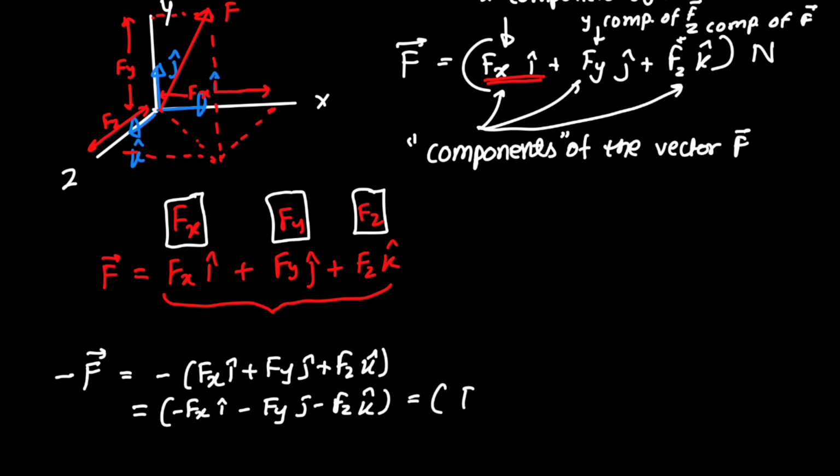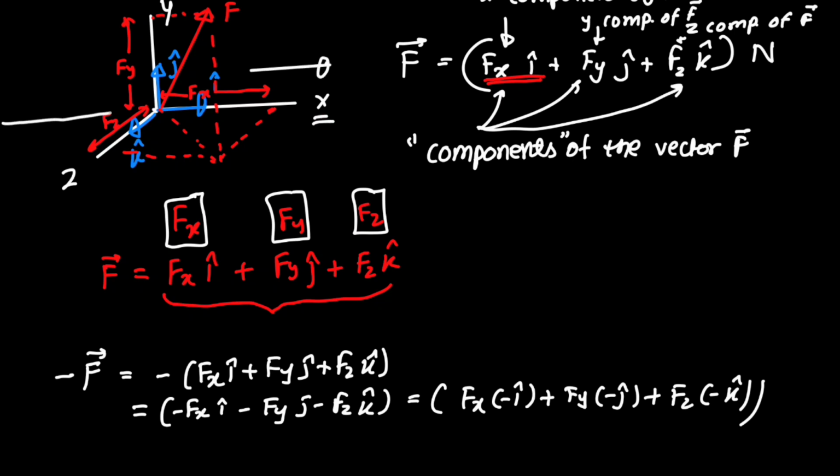Therefore, you have to write this as fx (minus i cap), fy (minus j cap), and fz (minus k cap). So if this direction is i cap, then of course minus i cap will be the negative x direction. If this direction is j cap, then minus y direction will be negative j cap, and of course that direction will be negative z, and therefore this force will get reversed.